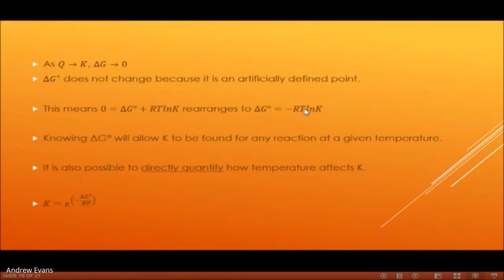You can factor in the temperature effect on our equilibrium constant K. So now it is possible to calculate our equilibrium constant K from known values without actually having to do a chemical experiment. We don't have to put things into a vessel and measure them at equilibrium to find our K, as long as we know our delta G values.